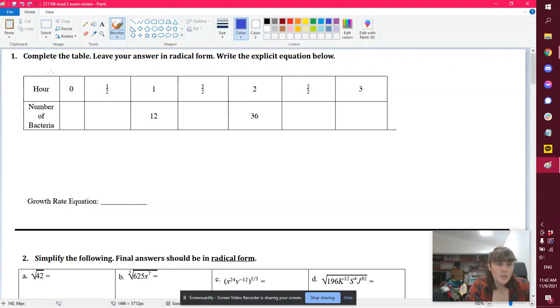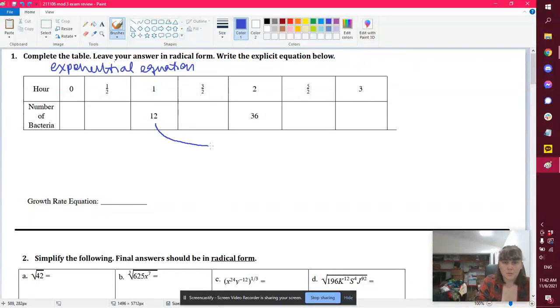Okay. Complete the table. Leave your answer in radical form. Write the explicit equation below. This is for an exponential equation. I'll write that in before I post it. For exponential equations, we know that we multiply by the same thing every time we move up by a whole number.